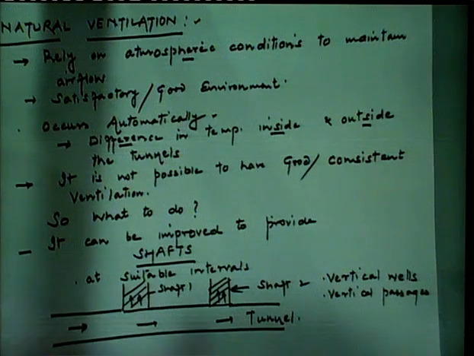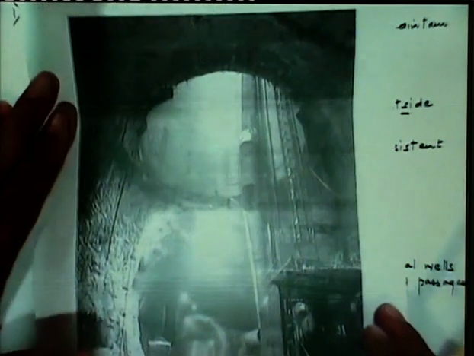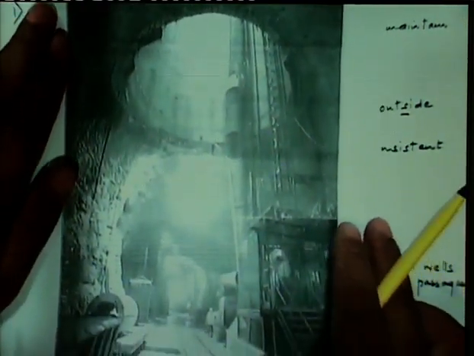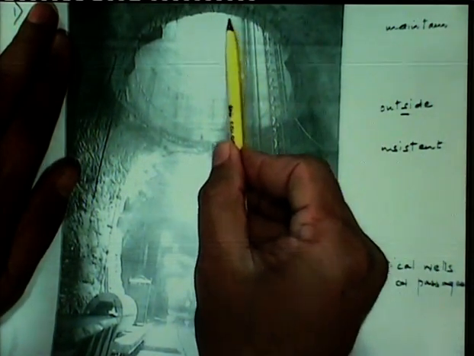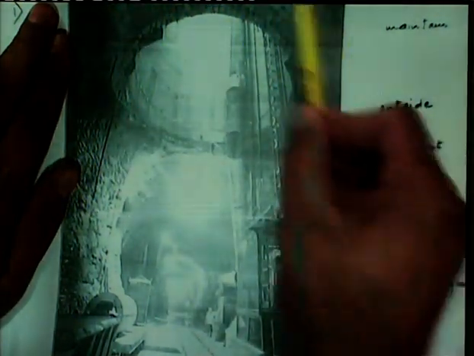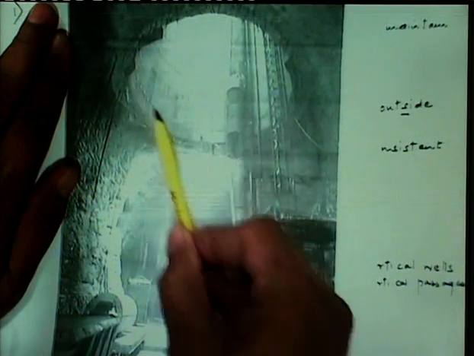Now, regarding this shaft, I would like to show you a diagram. Just have a look at this diagram. This is a diagram of a vertical shaft. You can see this is a shaft at the roof of the tunnel. This is indicating the tunnel part, and this is the shaft.